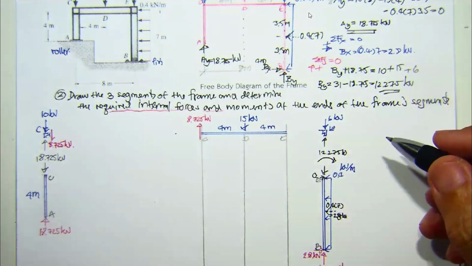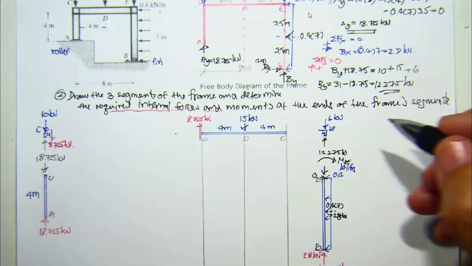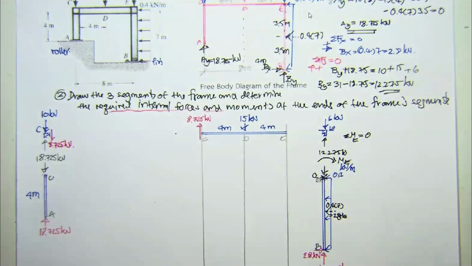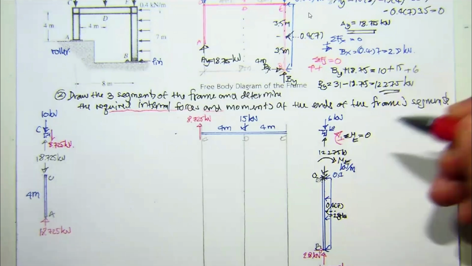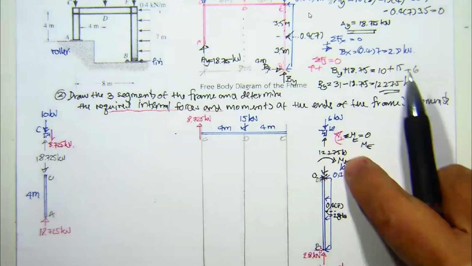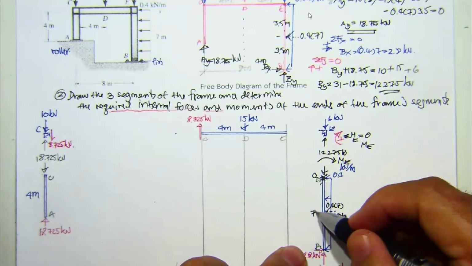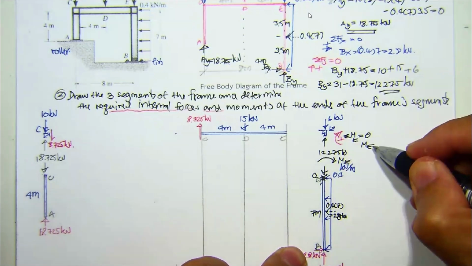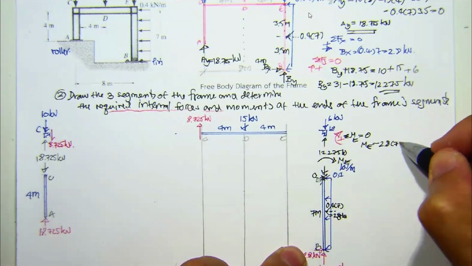Let's call this one M, and this is going to be E. Do the summation of the moment about point E equal to 0, and put this direction of the moment to be positive. So we have M sub E in this direction. The moment arm is going to be 7 meters, in the opposite direction, minus 2.8 times 7.